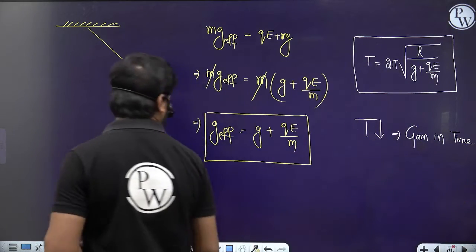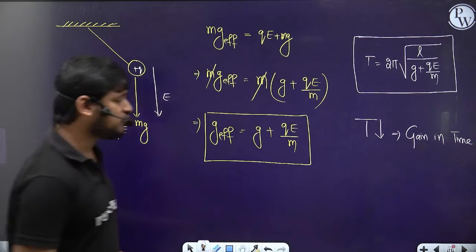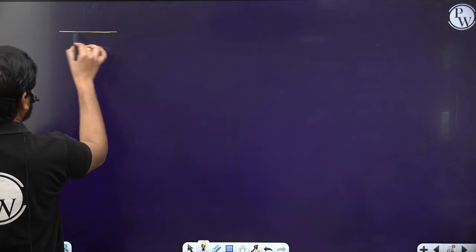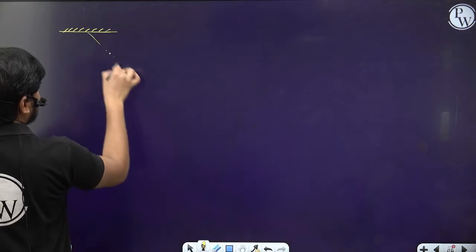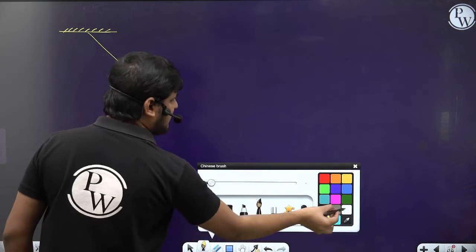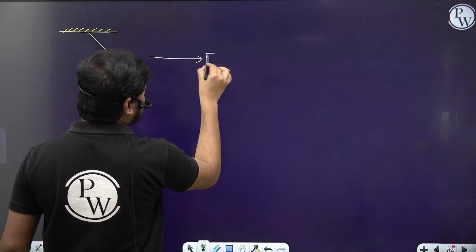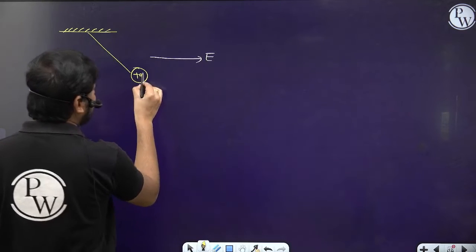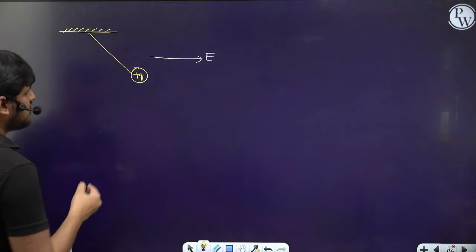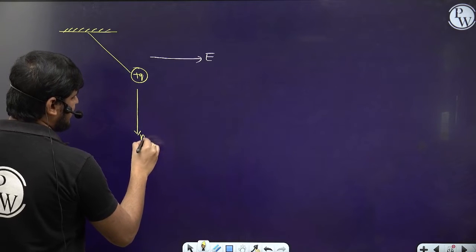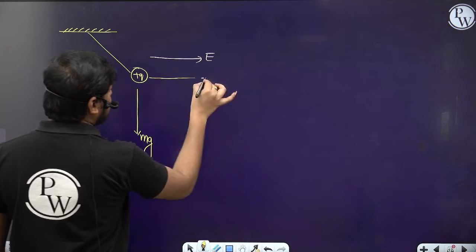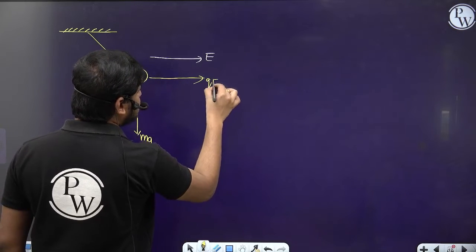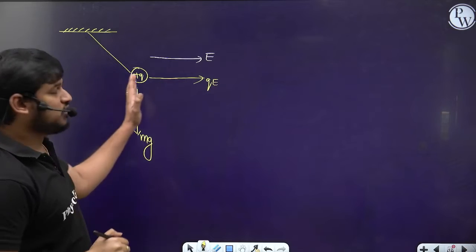The second scenario: you can take one more scenario also. What if the electric field is applied towards right or left? Let's say the fixed end of the pendulum. If the electric field is applied to the right, this bob has the positive charge plus q. The weight mg acts downward and the electric force QE acts to the right.